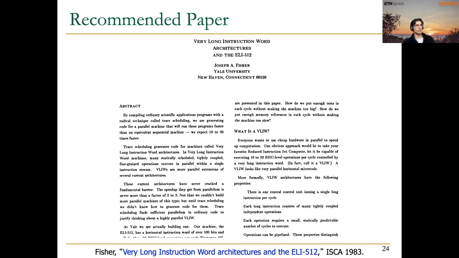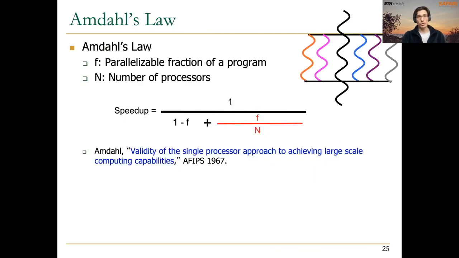Here you have the abstract of Fisher's paper, and so I think that's a very clear disadvantage pointed out in this paper. But it's not the only one, of course. Something that we will also talk about later is Amdahl's law. Why is that?